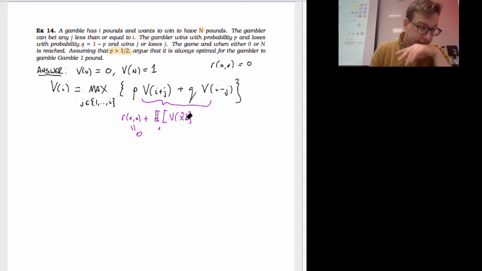So it says to show that it's always optimal to bet £1.